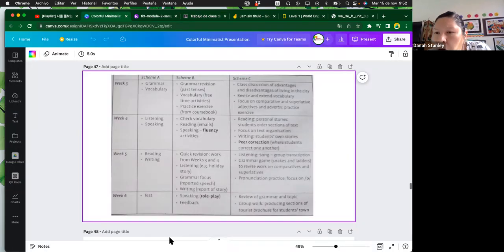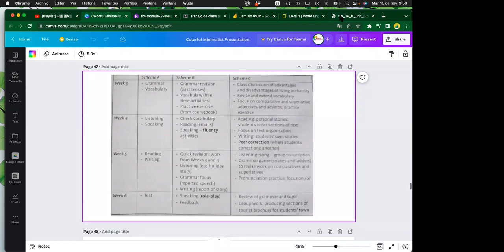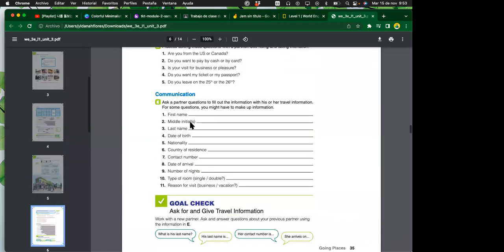Even when the sequence is to be PPP. Yes, for example, in the last one, you can use TBL. Or maybe I can combine them, right?